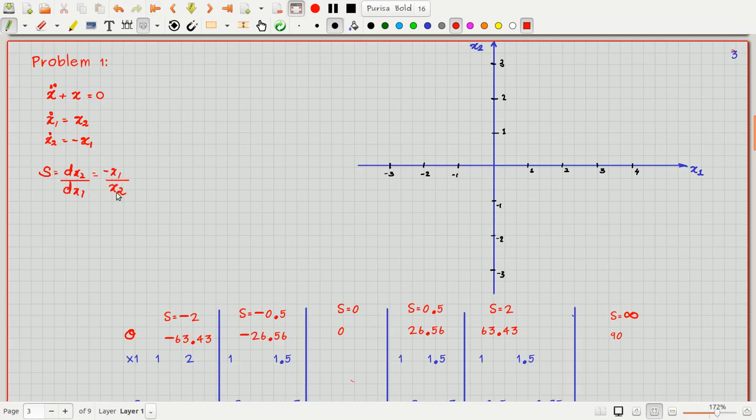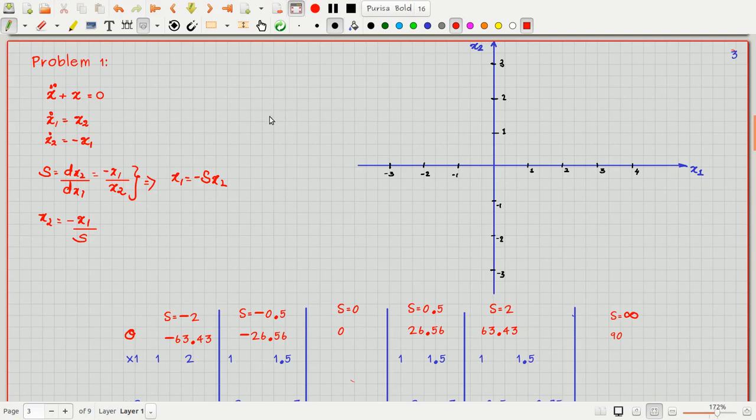That means x2 is equal to minus x1 by S. Also, we have the relation x1 equal to minus S times x2, which shows that it is a straight line equation between x1 and x2. So now we will try to draw some isoclines for the system, and then we will plot the trajectory.